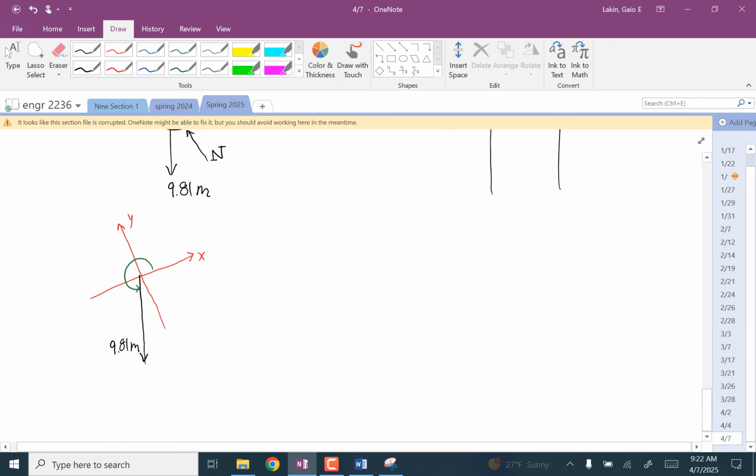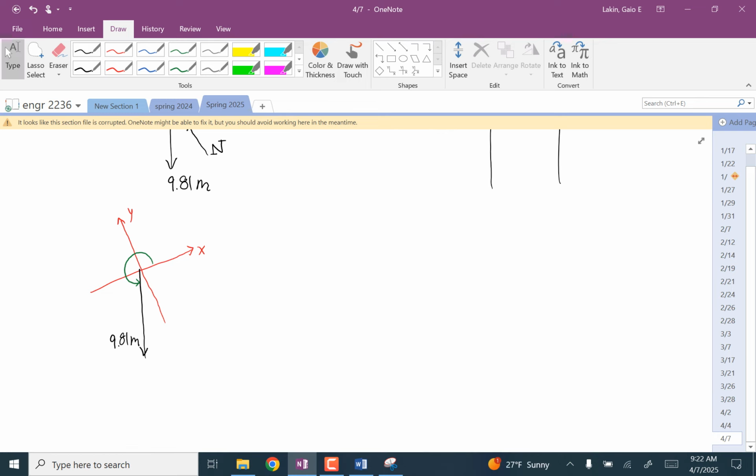So you can use trigonometry and do it a different way, but this is 9.81 times the cosine of 260 degrees, I left out the m. And then 9.81 m times the sine of 260 degrees.